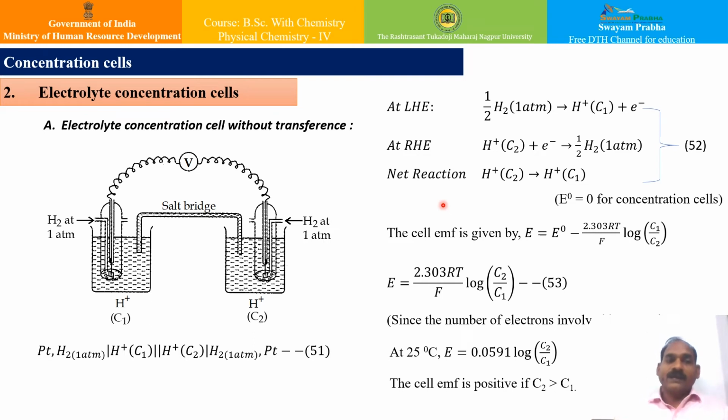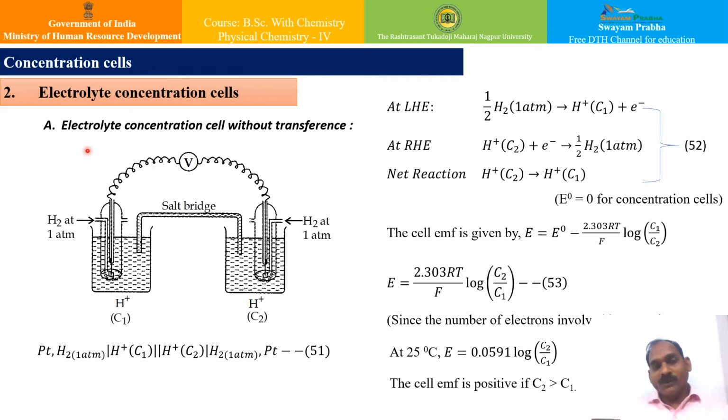Now, another type of concentration cell is the electrolyte concentration cell. In these types of cells, the concentration of the electrodes is the same, but that of the electrolyte is different. Further, they are also of two types.